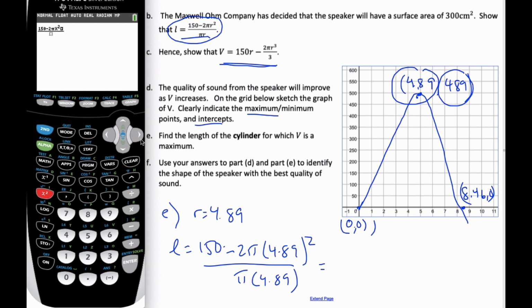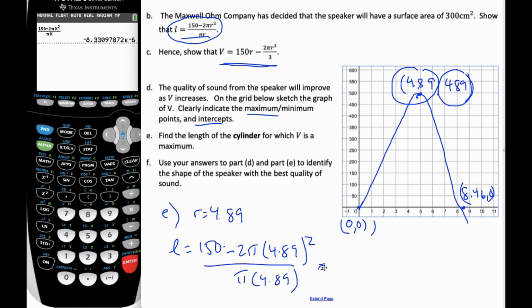It remembers it. So you have to be careful not to change your x if you're going to use it. And then I'm going to go pi times x. And so when I do that, I get negative 8.33 times 10 to the minus 6. So this is basically 0. That's what that number means, approximately 0.